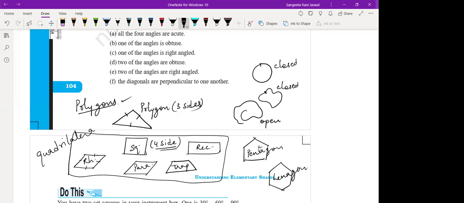A square is a quadrilateral. A rectangle is a quadrilateral. Trapezium, parallelogram, rhombus, and the kite shape are also quadrilaterals. Especially the four-sided polygon is called a quadrilateral.